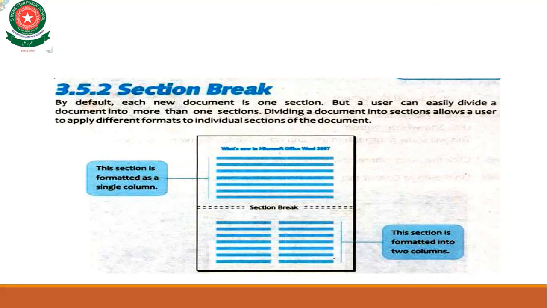Now, by default, each new document is one section. By default means that at the beginning, each new document is one section, but a user can easily divide a document into more than one section.